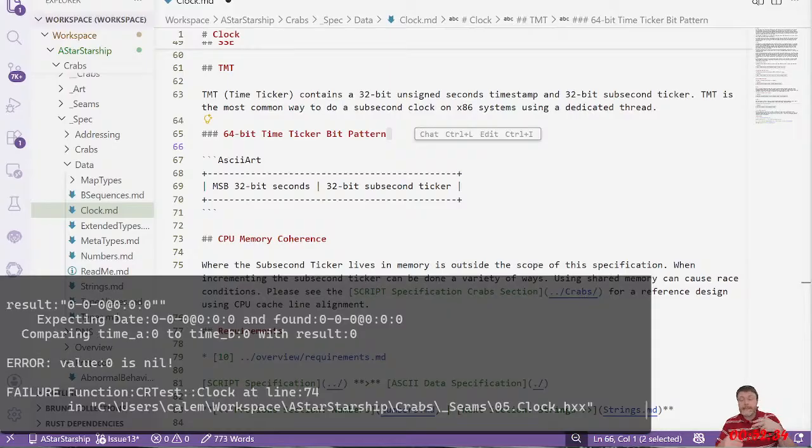Sorry, x86 does not have a seconds or a sub-second timestamp. Instead, you have to use a thread on the x86 CPU in order to do your clocks.